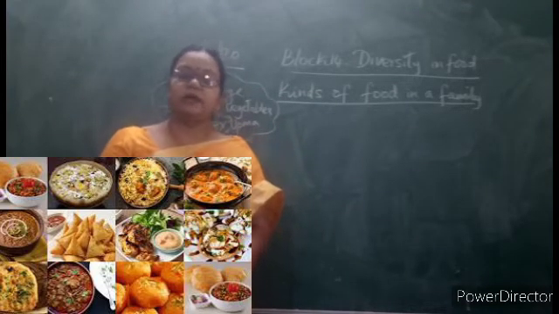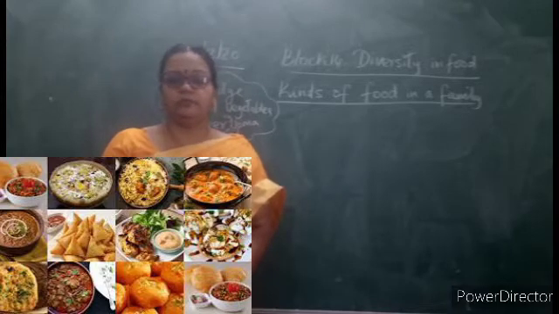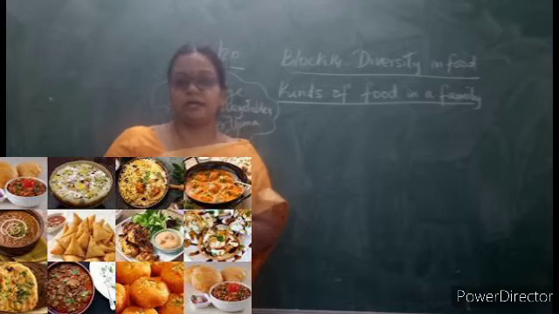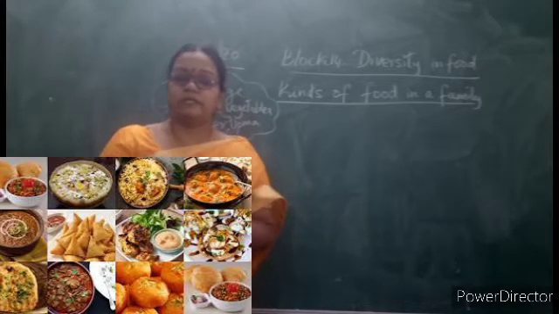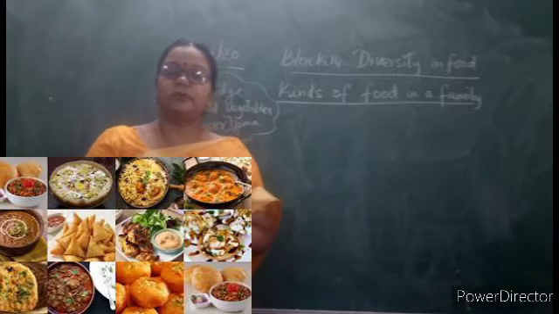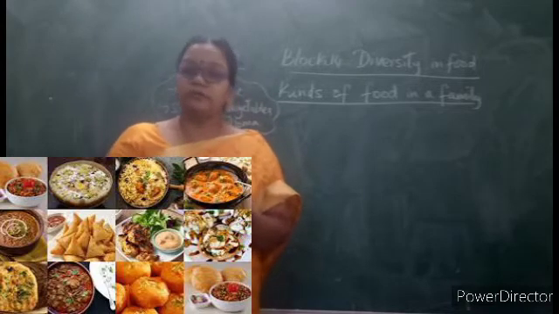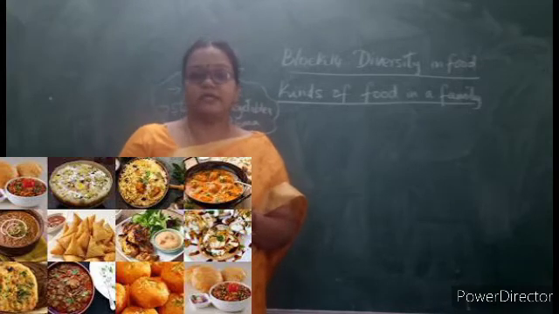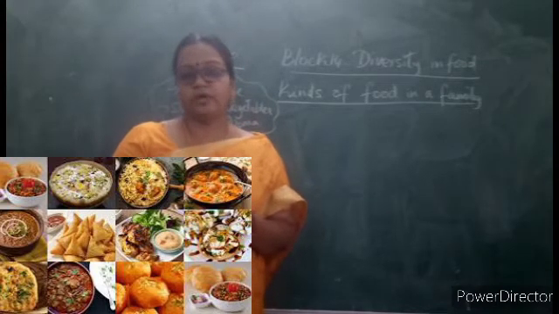Today's class will further learn about diversity in food. In the previous class we learned about how eating habits differ in different parts of our country. We discussed South Indian food, North Indian food, East Indian meal recipes and also some of the popular West Indian food items.